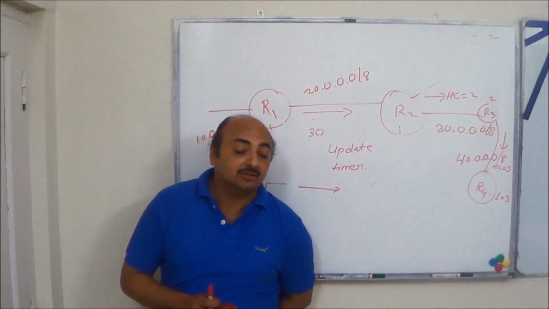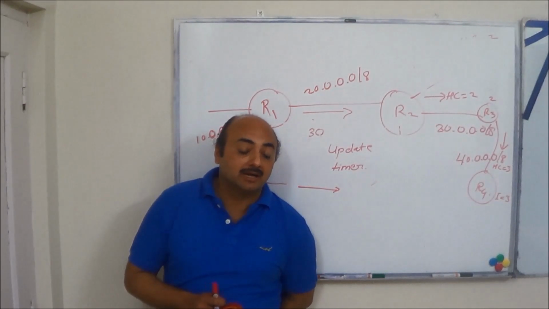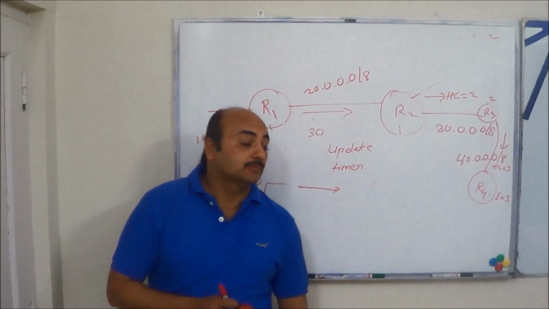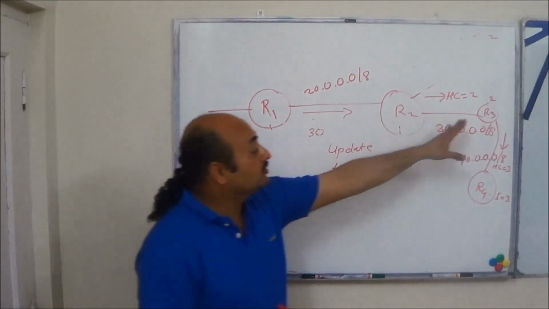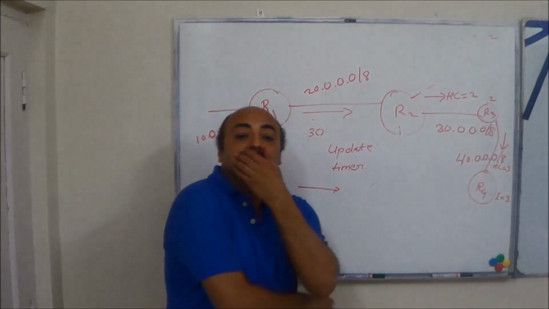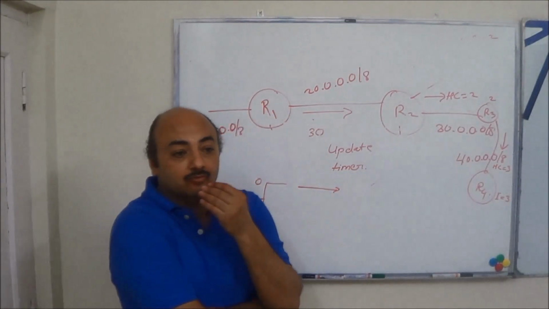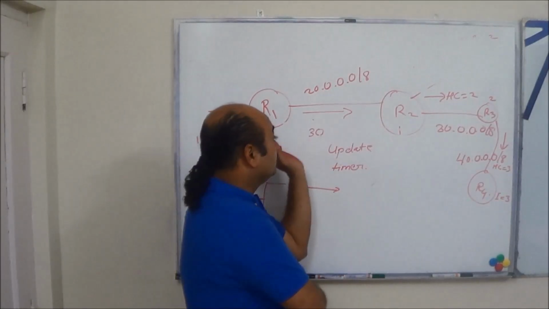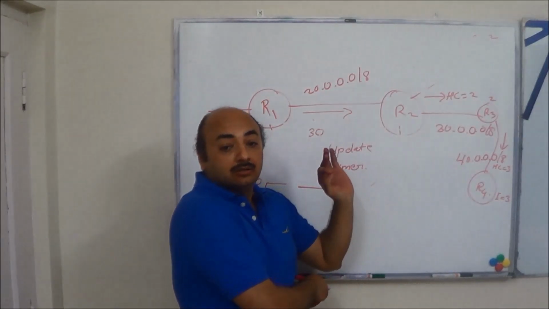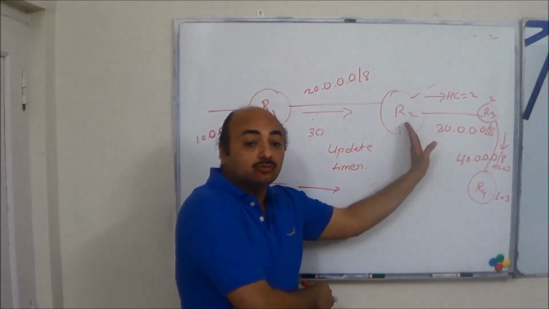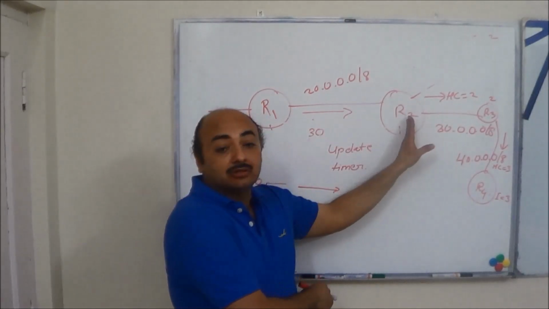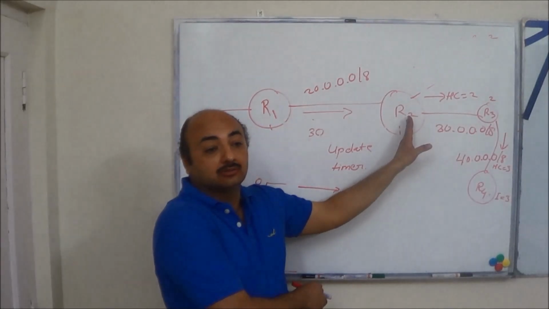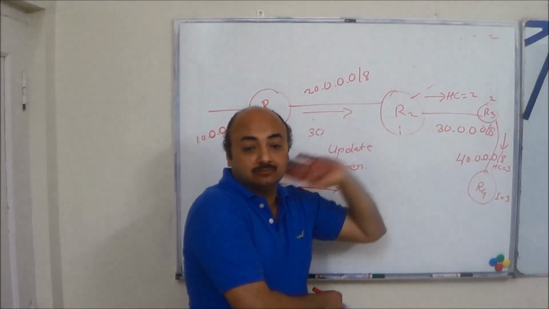Other thing that we want to try in a practical is when a router is not receiving. R2 was sending information to R3 about the same network, so R3 was depending on R2's information about the 10 network. Now if R2 has not received it for 180 seconds, we want to see the effect on R3.